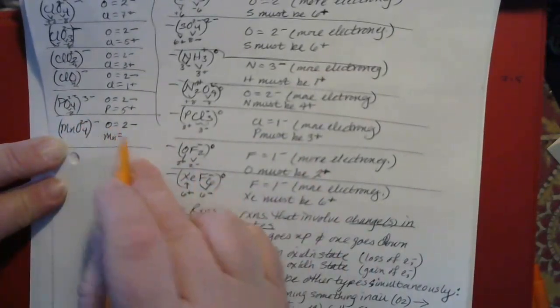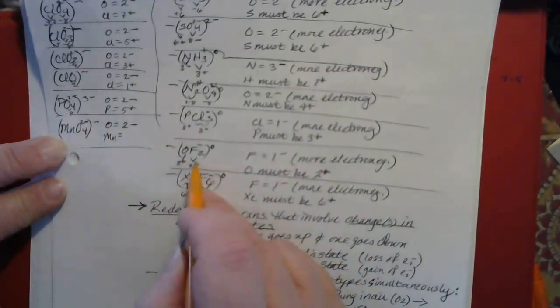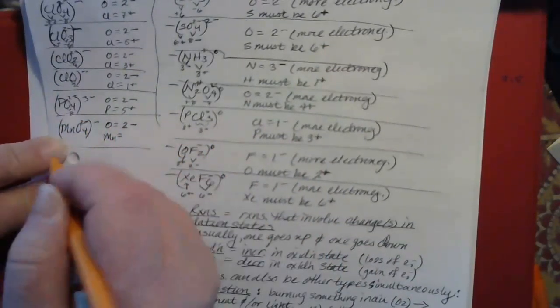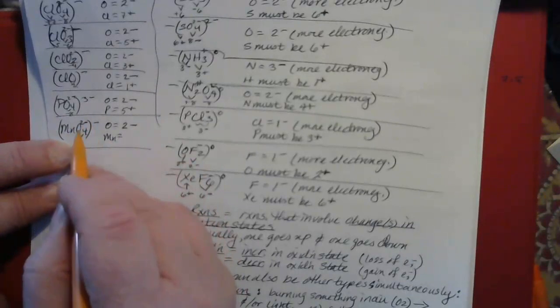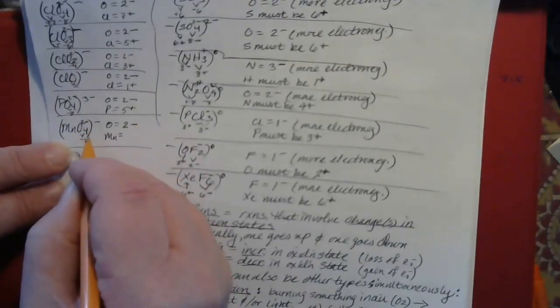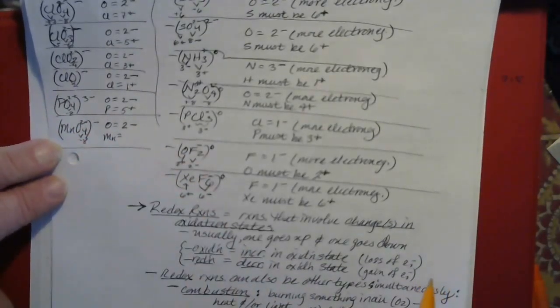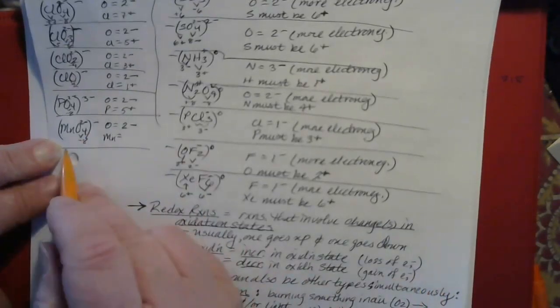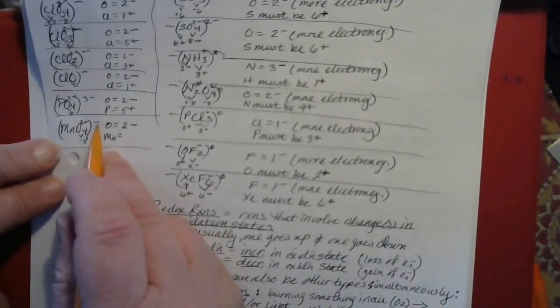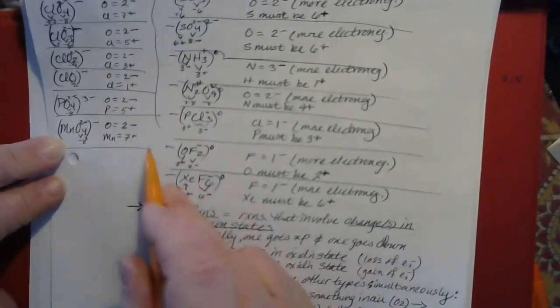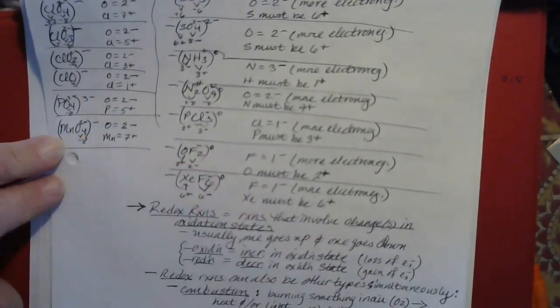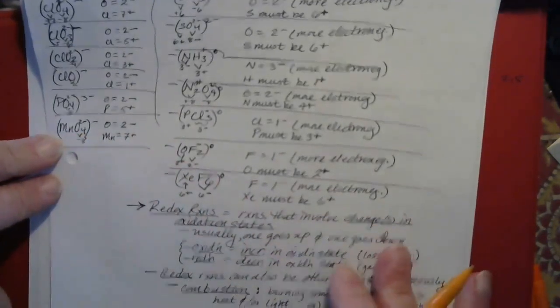Actually, it's only oxygen with fluorine where it might not be -2. If the oxygens are -2 each, and there are 4 of them, that's -8 for the oxygens. And there's 1 manganese to bring that back up to -1. So from -8 to -1, that's a difference of +7. So manganese in the permanganate ion is +7.